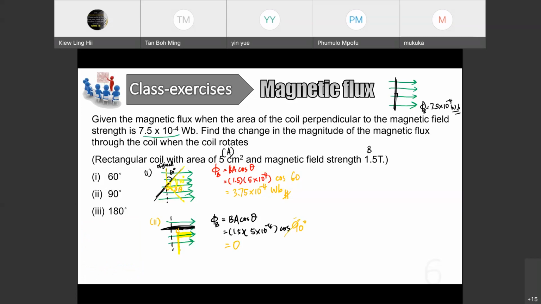How about number 3? What is your answer? Number 3? When it's rotated for 180 degrees.